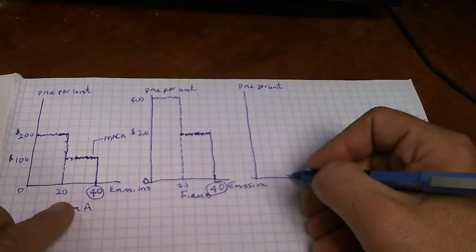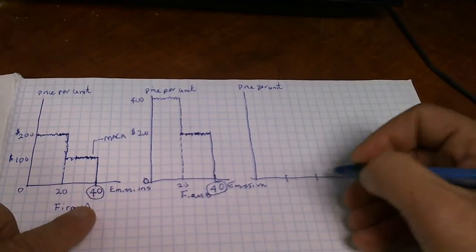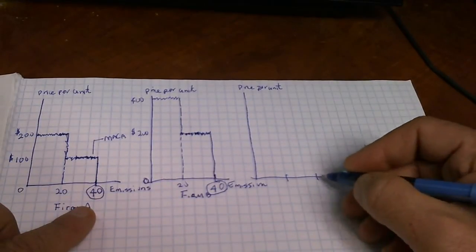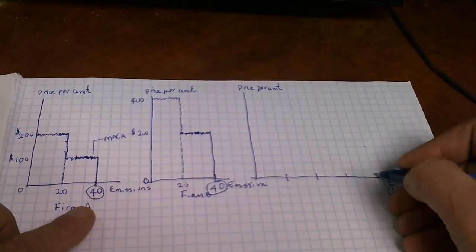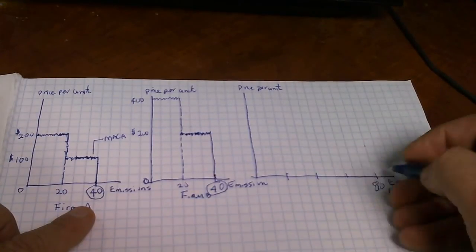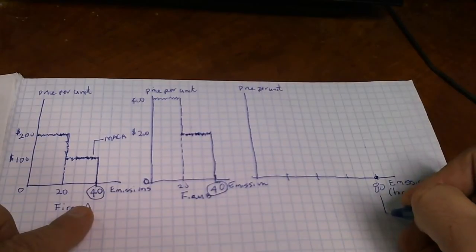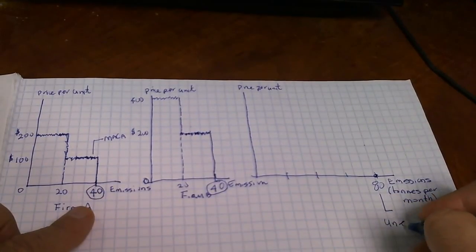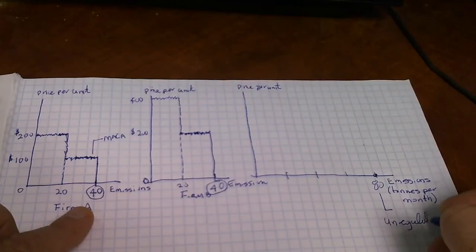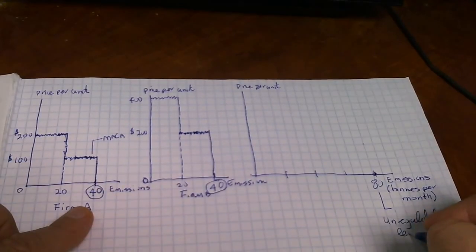So we have here 20, 40, 60, 80. This is the unregulated level of emissions.